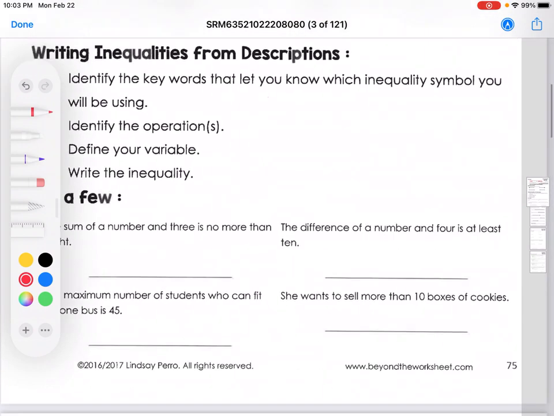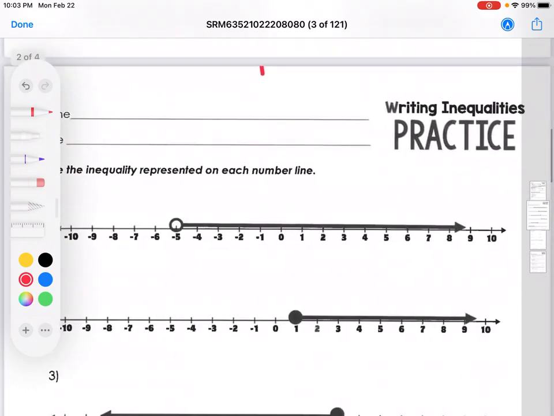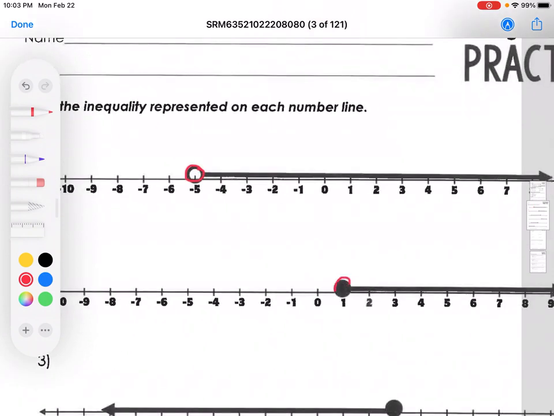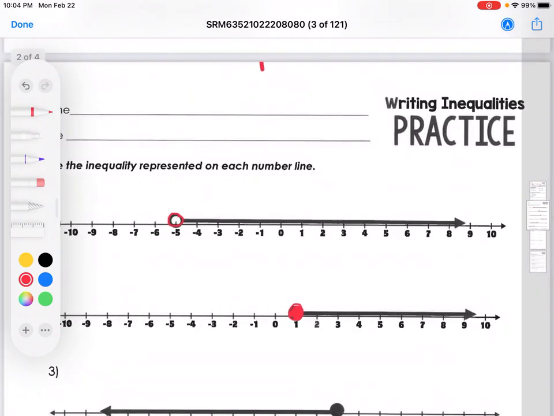If I was looking at a number line here, I would need to pay attention to the circle to see if it is open or closed. Open means that it's not filled in, and closed means the circle is filled in. So I need to pay attention to my circle as well as the direction of my arrow.